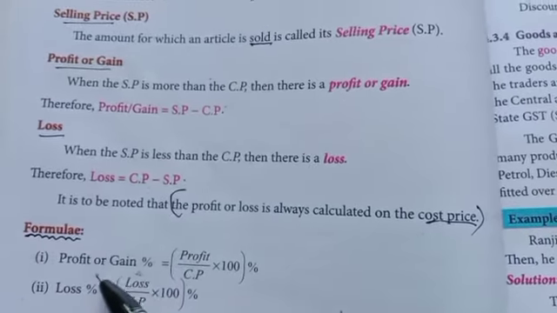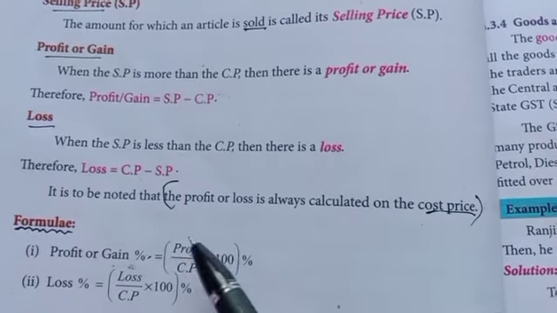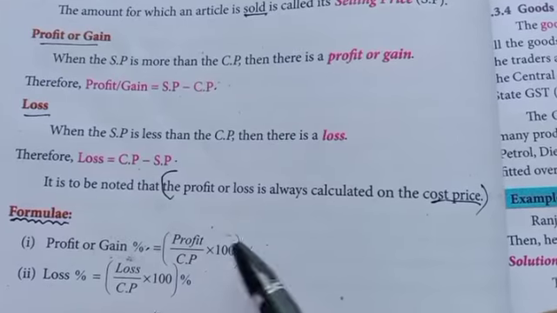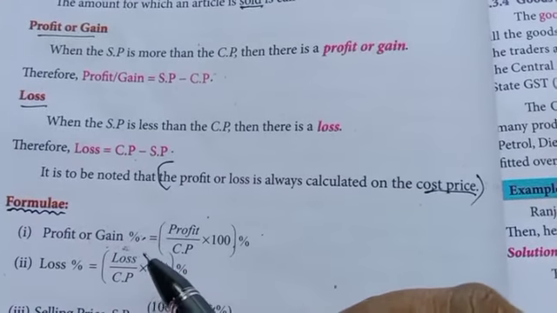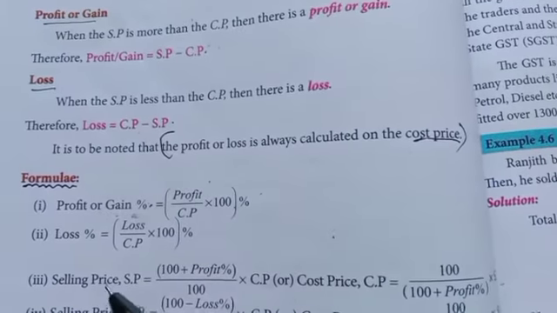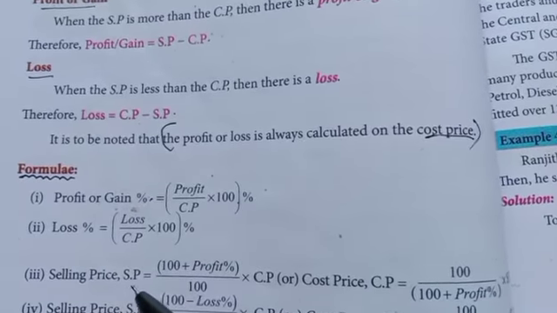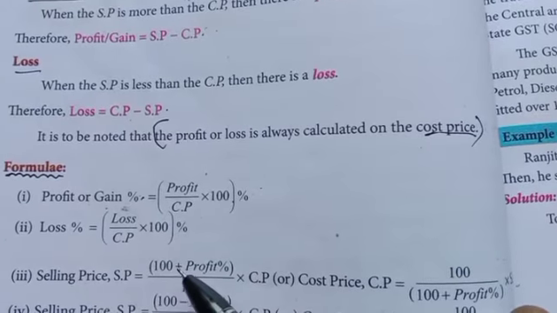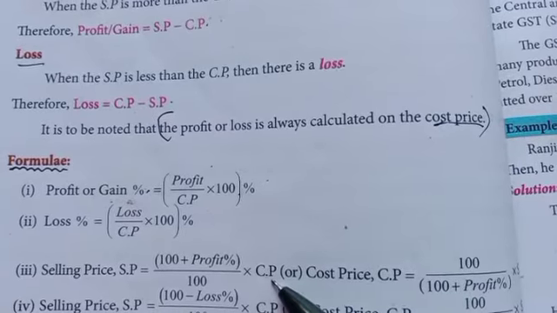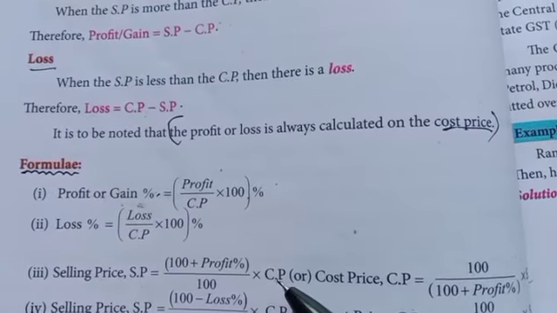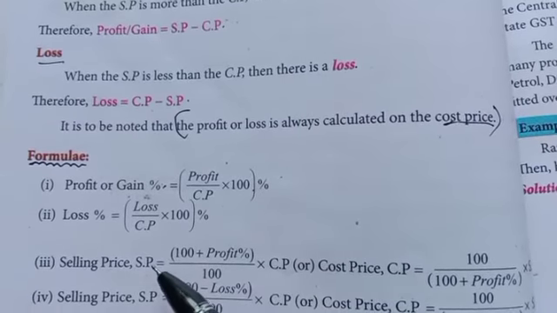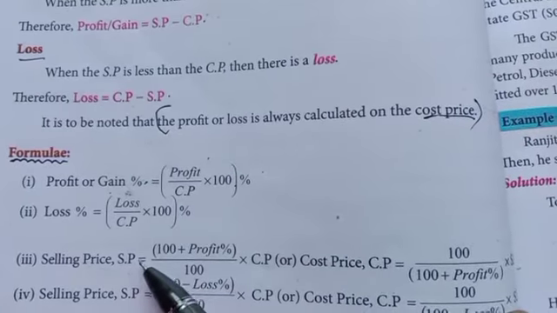Profit or gain percentage is profit by CP into 100%. This is the formula. Loss percentage formula is loss by CP into 100%. Selling price is equal to 100 plus profit percentage by 100 into CP. If the cost price and profit percentage are given, we use this formula for selling price.